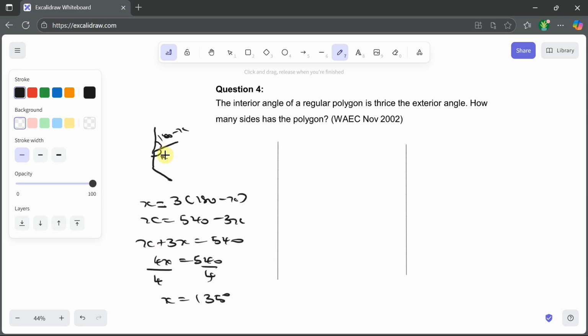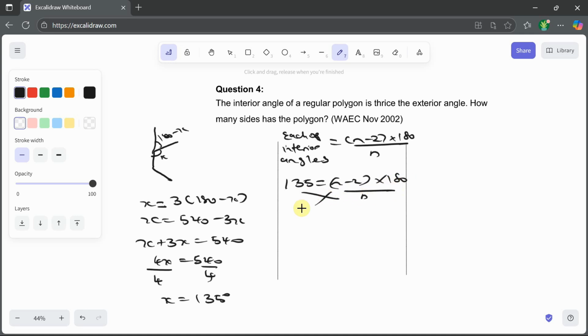If the interior angle, remember it's a regular polygon, is 135 degrees, then each of the interior angles will be equal to n minus 2 times 180 degrees all over n, right? So we know that one of the interior angles is 135, so 135 is equal to n minus 2 times 180 over n.